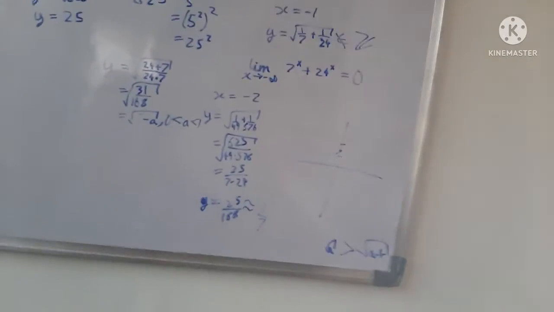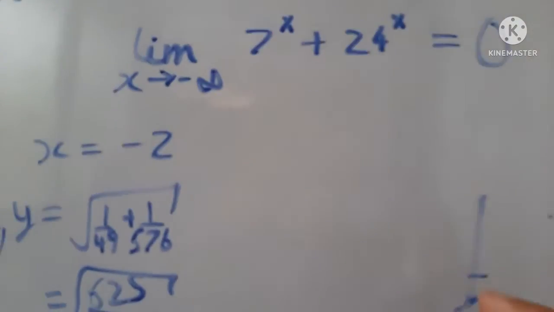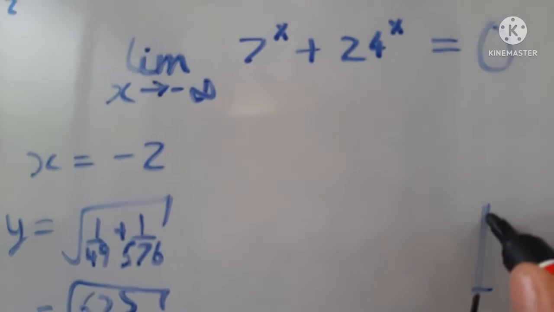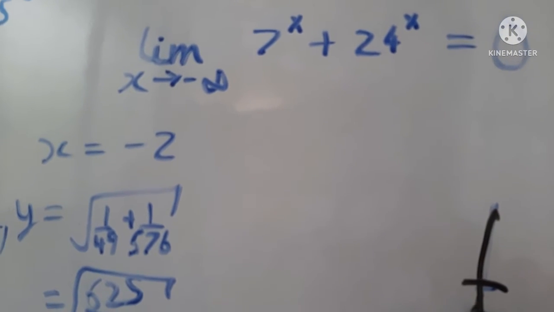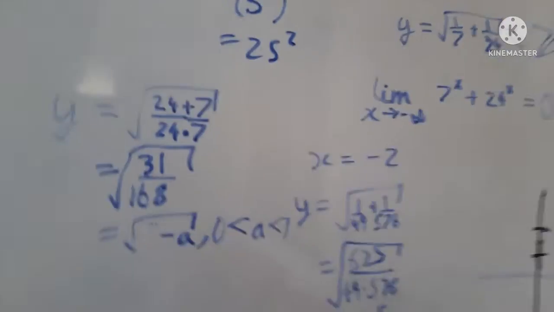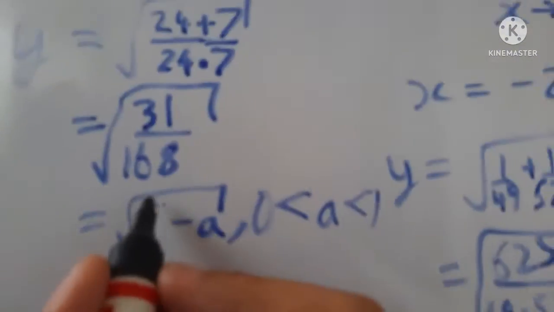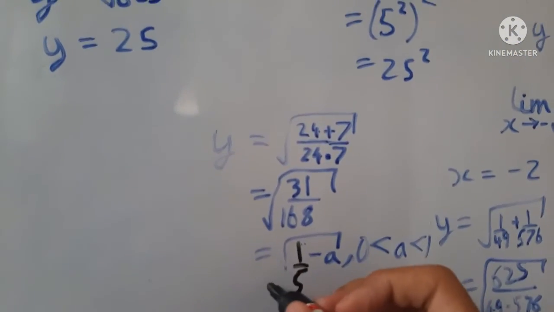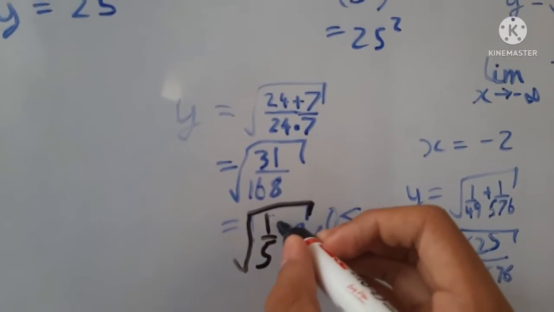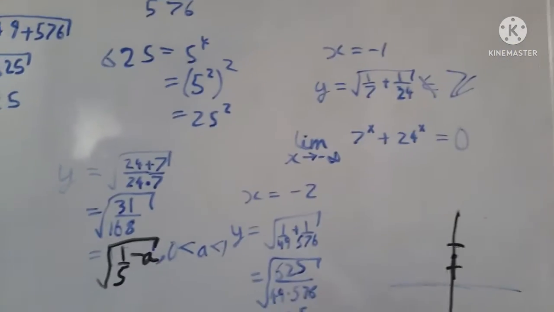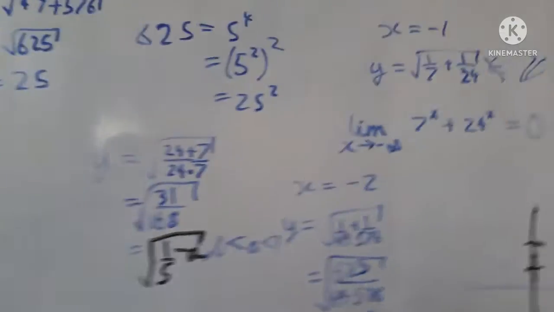Okay, there we go. So basically, that's 0. For negative 1, we got 1 upon 5, but this number should be less than 1 upon 5. So minus a.